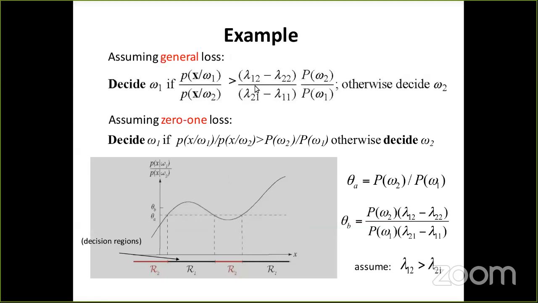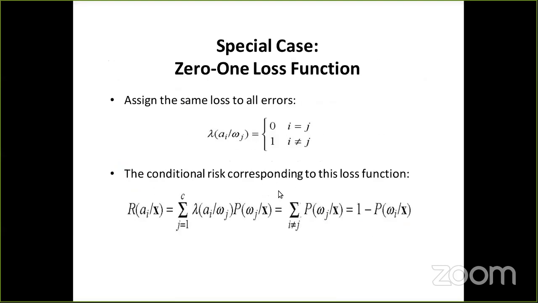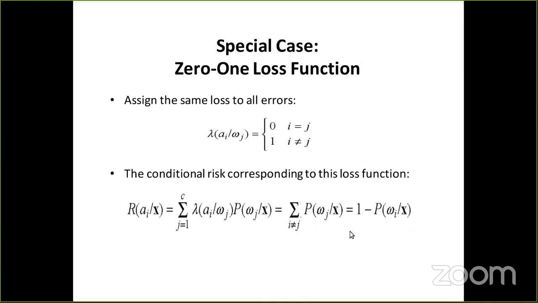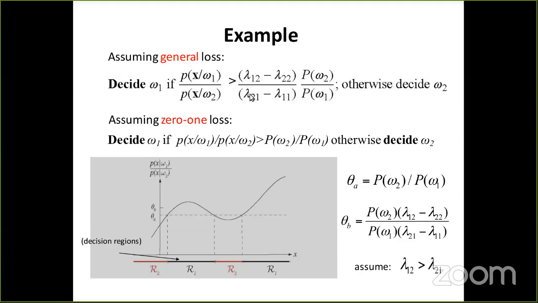And there is one more thing which is called decision regions. We saw that this was our decision rule. If the likelihood ratio is above this threshold, we classify it as omega 1, otherwise we classify it as omega 2. This is written here once again.